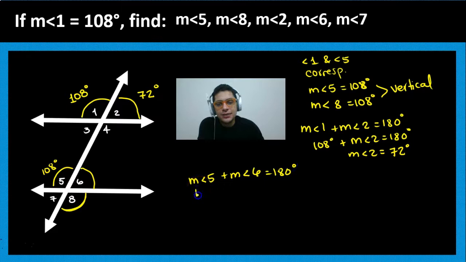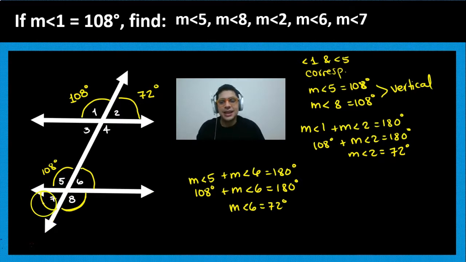Now, angle 5 is 108, and we are just going to solve for angle 6. Now we see that the measurement of angle 6 is 72 degrees, and because 7, which we have here, is vertical to 6, the measurement of angle 7 is also going to be 72 degrees.